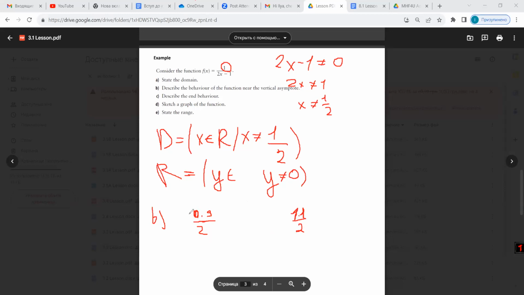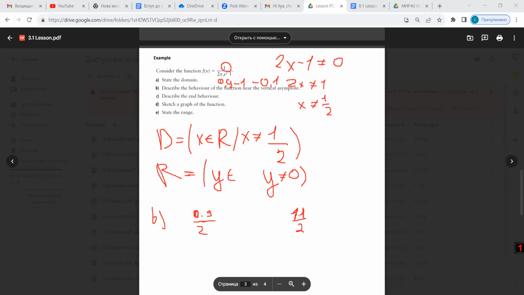Now you can substitute these values into the given function and see what happens. That's how we describe the end behavior around the vertical asymptote. But I'm telling you, in most scenarios, one side would give you positive infinity and the other one negative infinity. When you take 0.9 over 2, we're going to get 0.9 minus 1, which gives us negative 0.1.